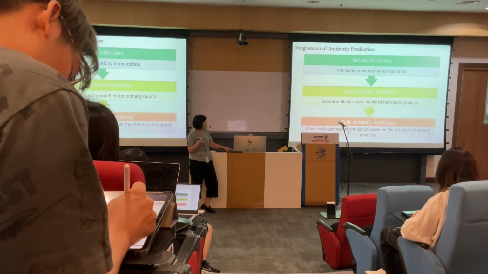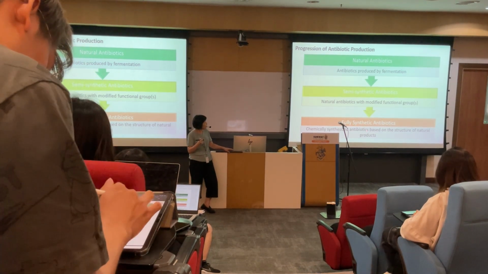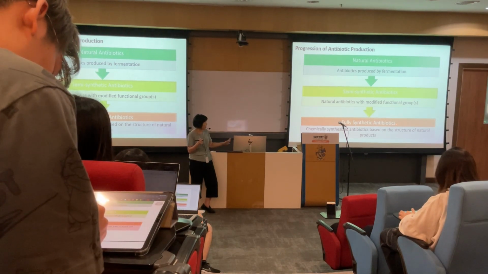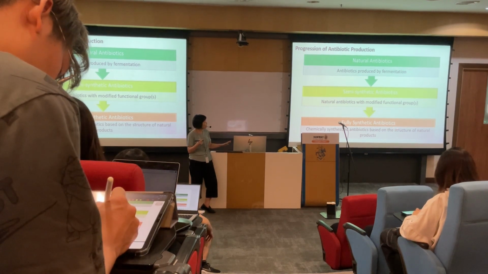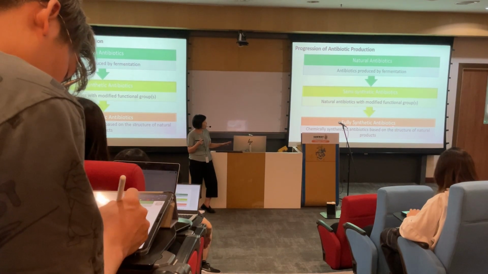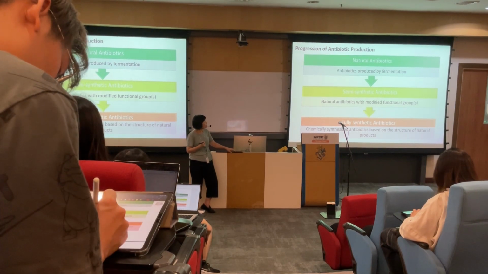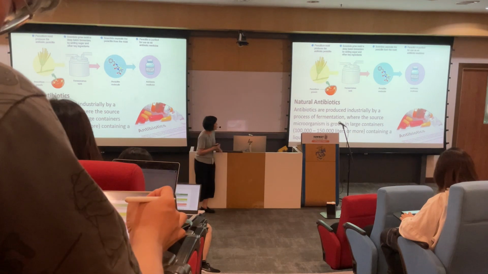And then in the third generation, what we are doing now is to synthesize a totally new antibiotic out of nothing, basically. Those antibiotics are no longer derived from any microbe that produces them; we synthesize it ourselves.